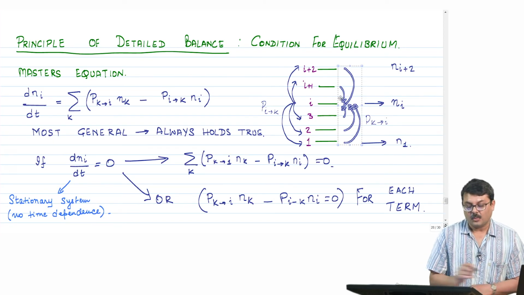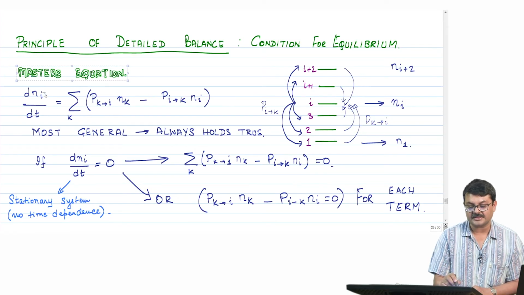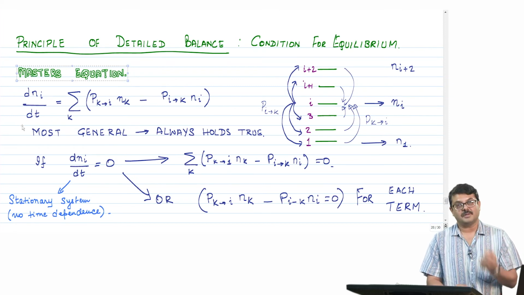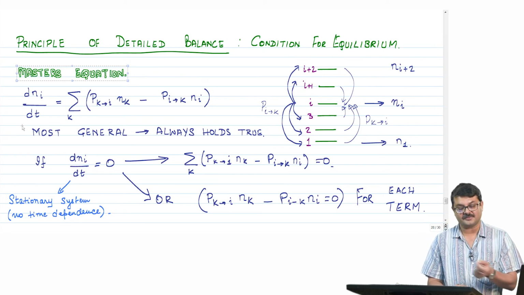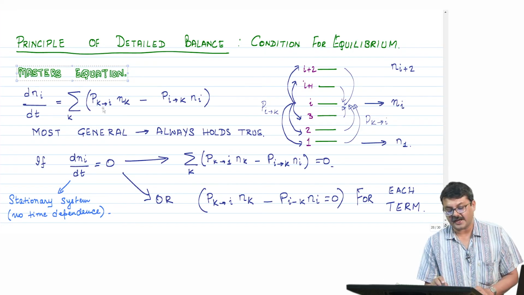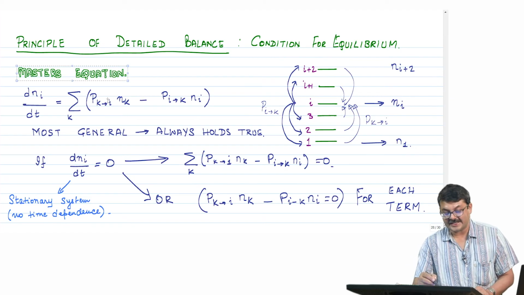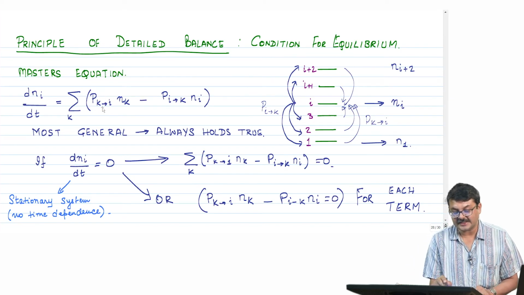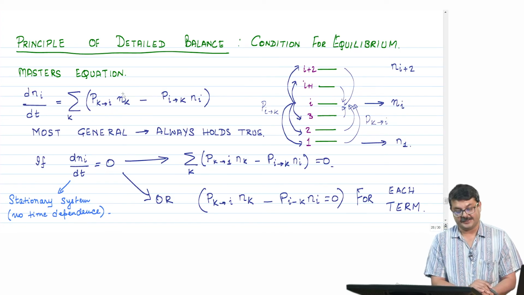In that case, one can write in the most general manner the so called Master's equation, which says dn_I/dt, the change in the population of state I as a function of time, depends upon p_kI, the probability of hopping from state k to state I, and the population of state k.